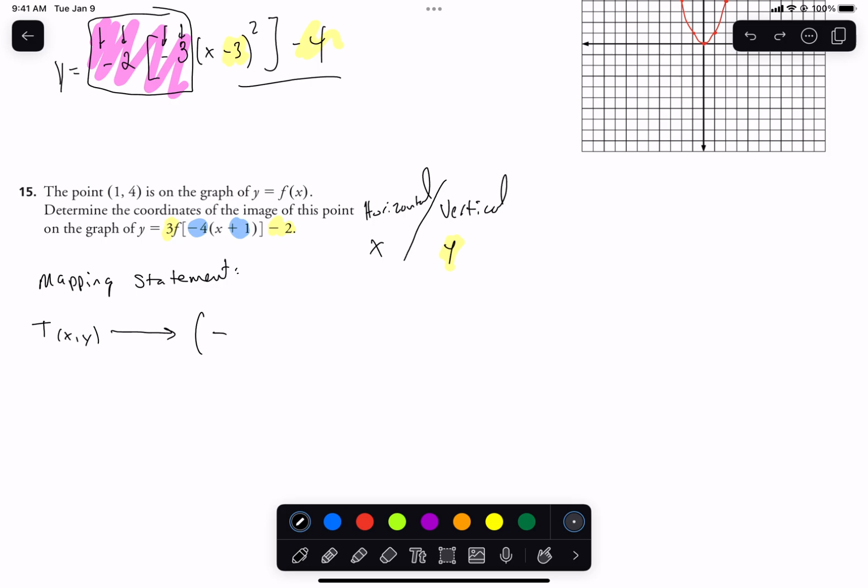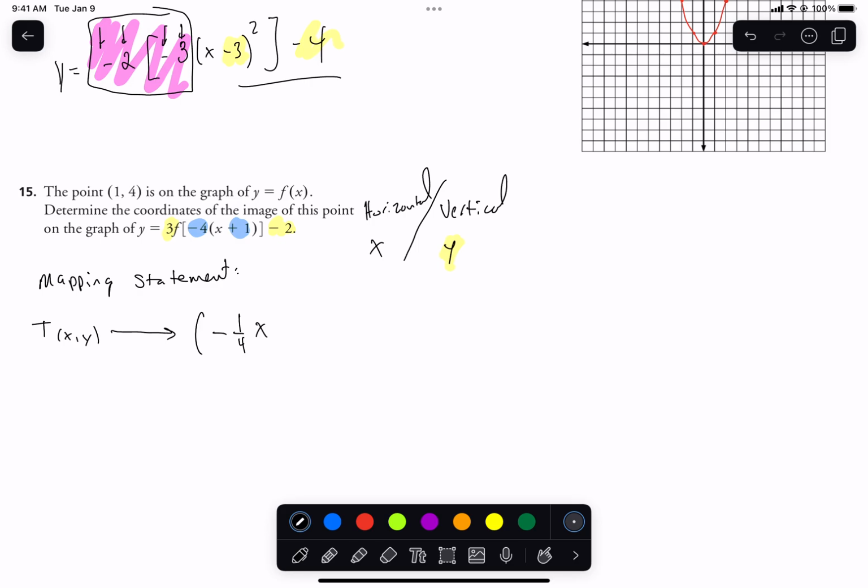So I see the 4, so that's going to make it, what's going to happen? Well, we're going to horizontally compress the graph. What does that mean physically? It means that the x values are going to become a quarter as big. So we're going to take them and basically divide them by 4 or multiply by 1/4, right?